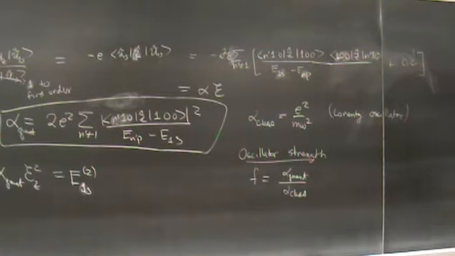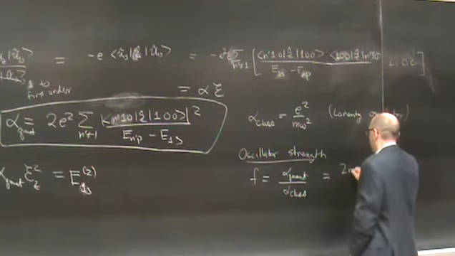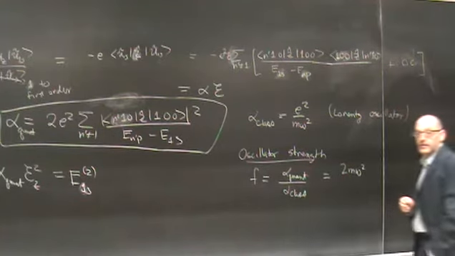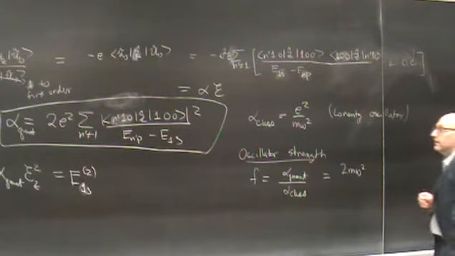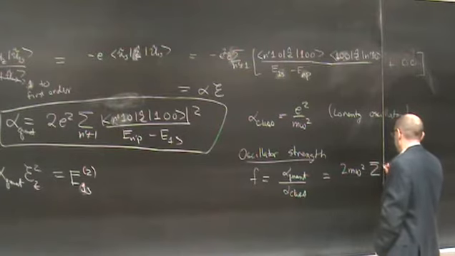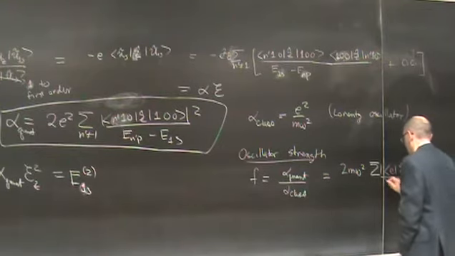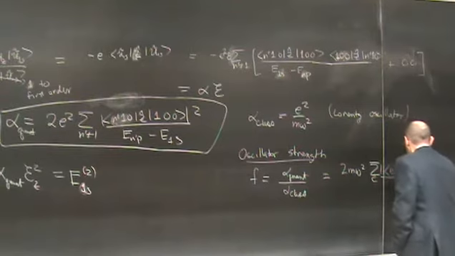All right? And what we see is that it is equal to 2m omega squared divided by h bar times this matrix element. I'll write it this way. G is the ground state, E's are excited states.